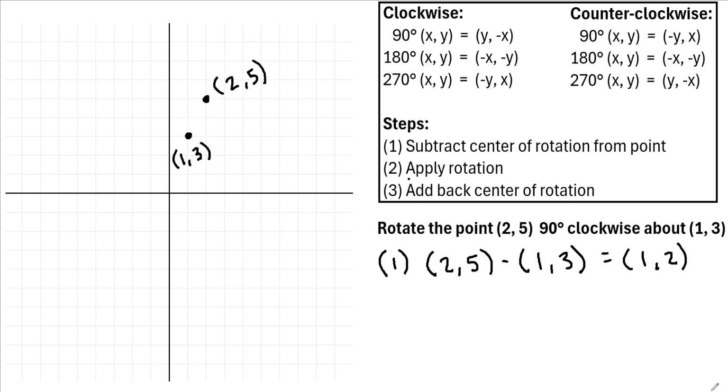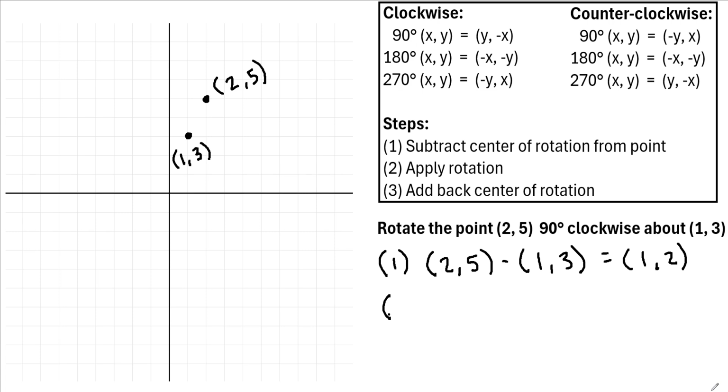Okay, step 2 is we need to apply the correct rotation. I've written a bunch of rules up here for what we need to do to apply the correct rotation. Remember, in this one we're rotating 90 degrees clockwise, so we can identify the rotation rule right here. To rotate a point 90 degrees clockwise, we flip the x and the y, and we make the new x have the opposite sign that it originally had.